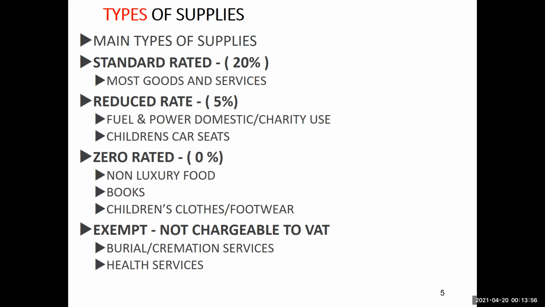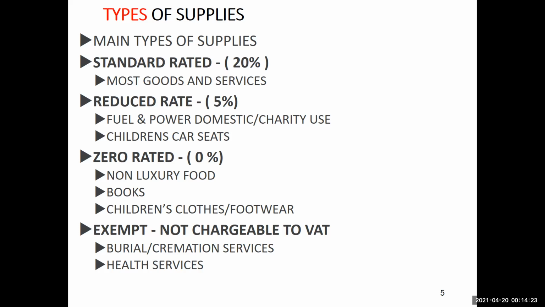We also have the reduced rated, and they are usually fuel and power for domestic and charitable use, not for the ordinary course of business. We're also looking at children's car seats. Then we look at zero-rated supplies, which are normally non-luxury food items, books, and children's clothing and footwear.